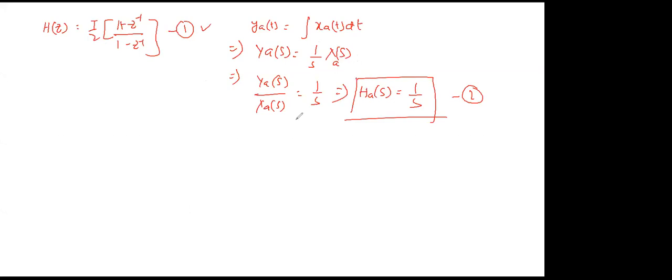So what I will do now, I want to do mapping. Mapping means simply I will compare 1 and 2. I will equate both transfer functions because both belong to the same integrator. Then I can write: 1 by s equals T by 2 times 1 plus z inverse divided by 1 minus z inverse.